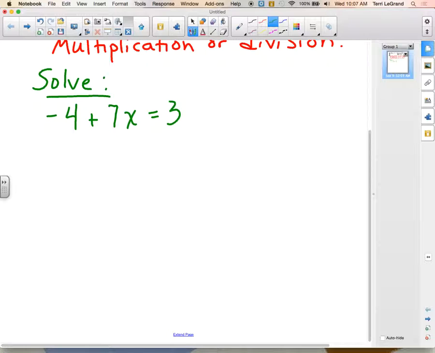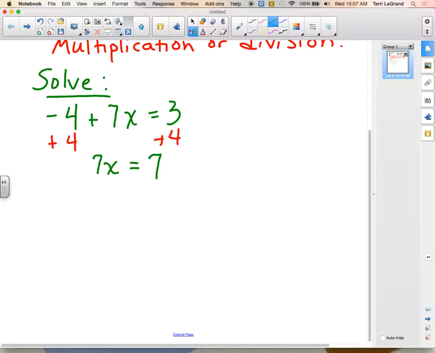Sage? We would add 4 to both sides, because we can read addition backwards. This really says 7x plus a -4, and we learned back in lesson 1.2, or hopefully you learned, that when a negative number is being added, we're going to add its opposite to undo it. So we add the 4 to both sides, and now we have 7x alone and 7 on the other side.